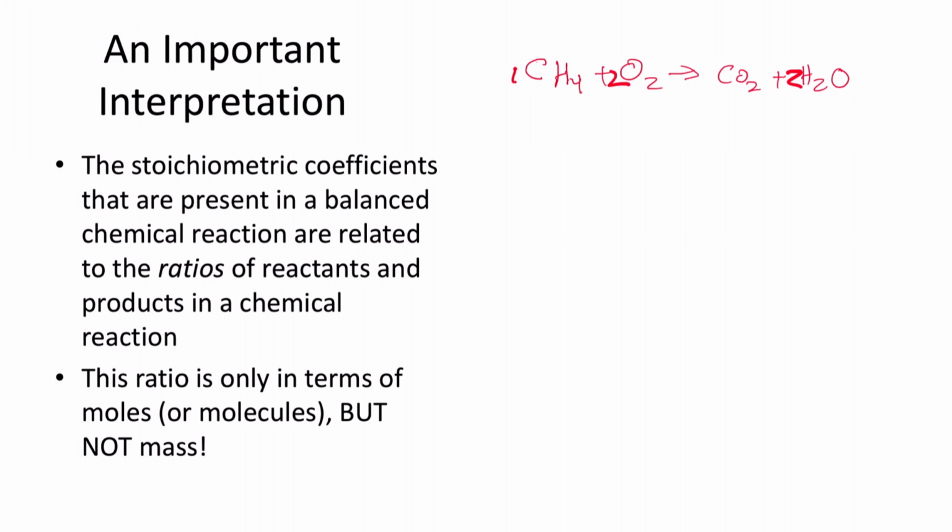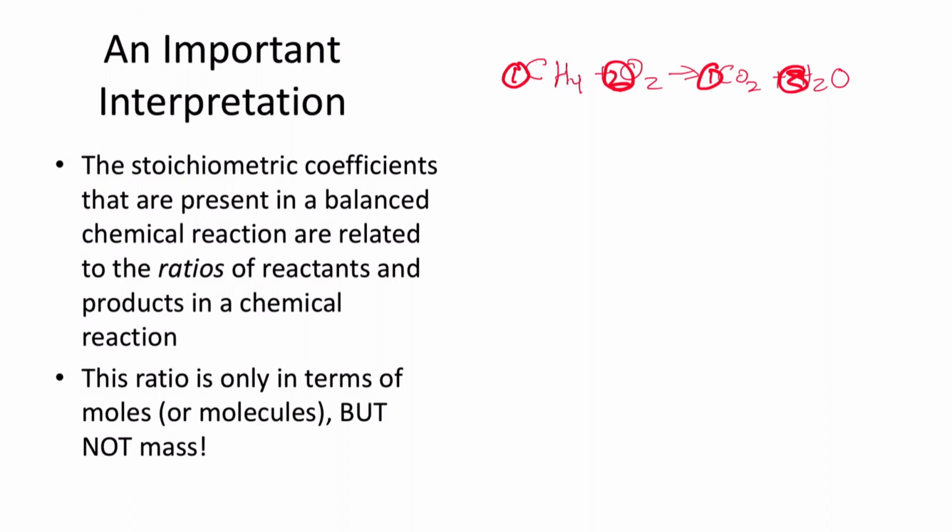Okay, so these numbers, the 1, the 2, the 1, and the 2, tell me that I can take one molecule of methane and combine it with 2 molecules of oxygen to make 1 molecule of carbon dioxide and 2 molecules of water. Or I could take 1 mole of methane and combine it with 2 moles of oxygen to make 1 mole of CO2 and 2 moles of H2O.